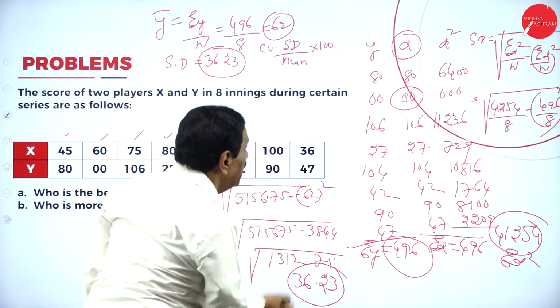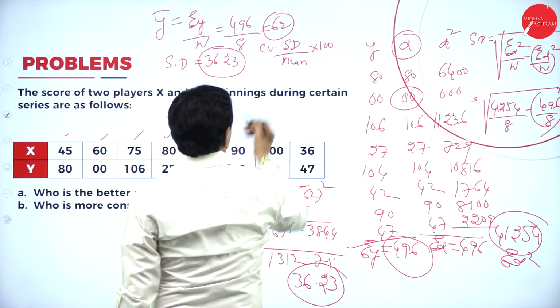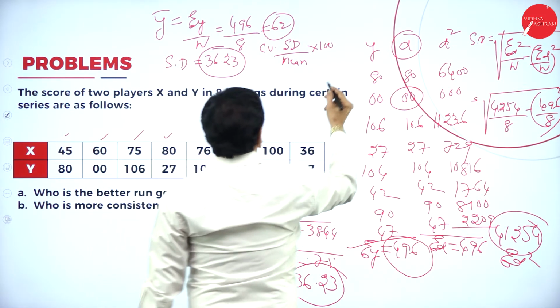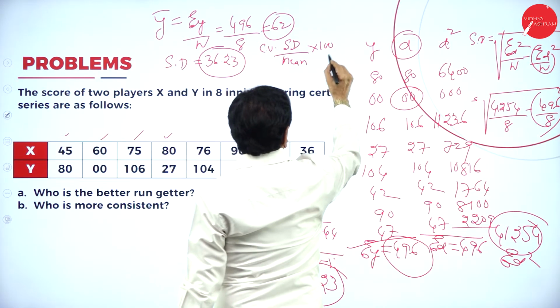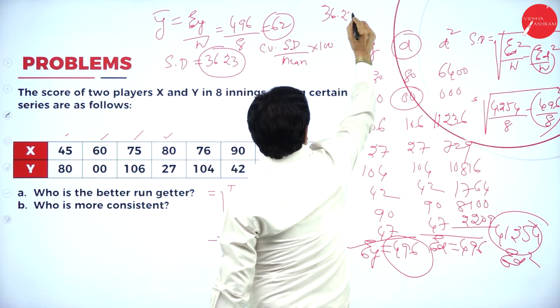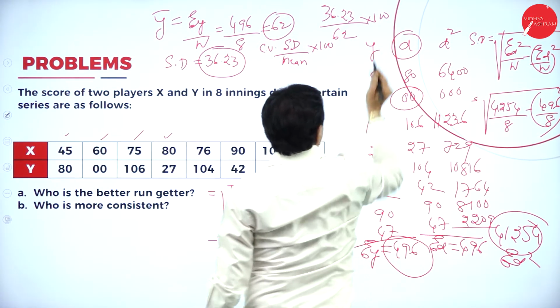Then we have applied the formula: CV is standard deviation divided by mean. So 36.23 divided by the mean 62, into 100.